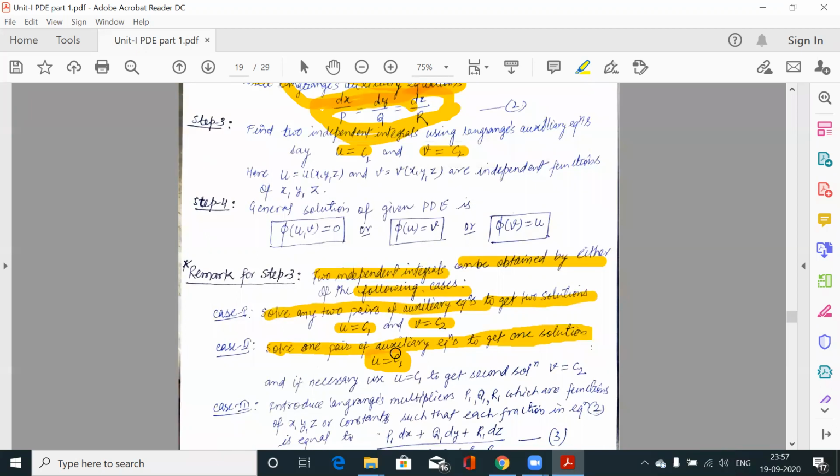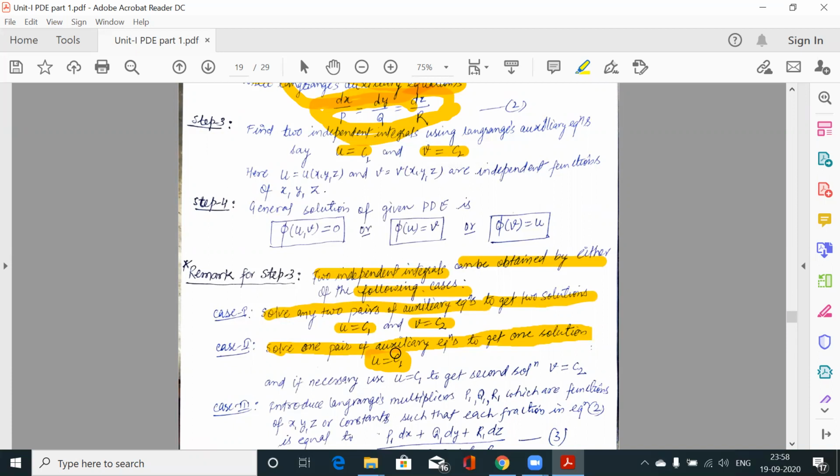Now we have to find another solution, another integration, and suppose direct integration is now not possible. We have used one pair which can give us the direct integration, but the second pair is not available for direct integration.